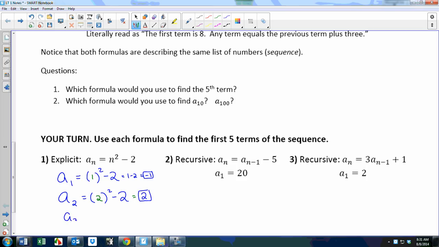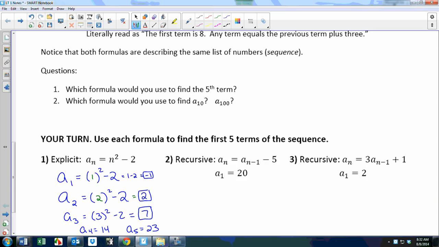Let's do a little mental math on this one. Square it, subtract 2, 7. And then running out of room. So square the 4, 16. Subtract 2, 14. And then a sub 5, square it, 25. Subtract 2, 23.